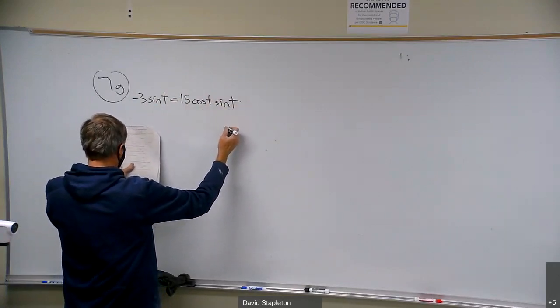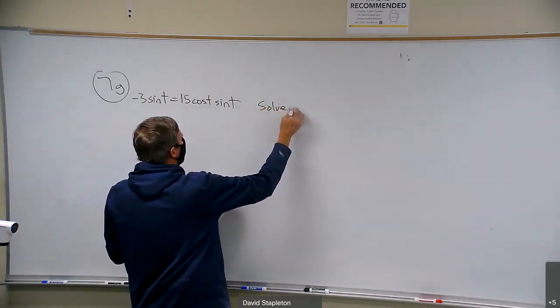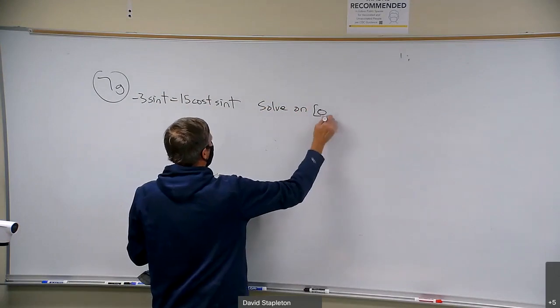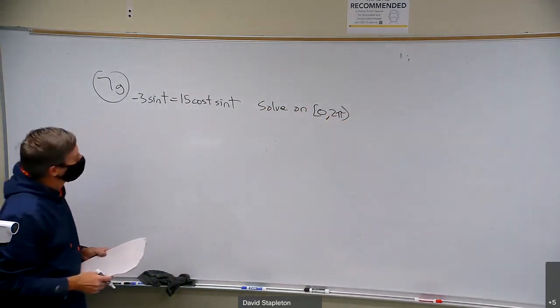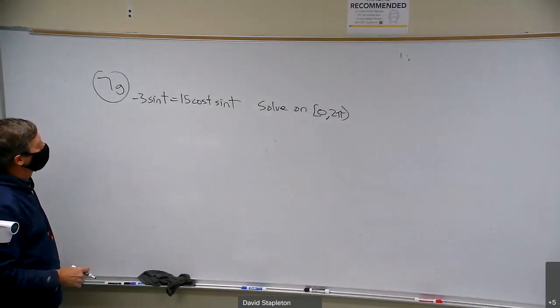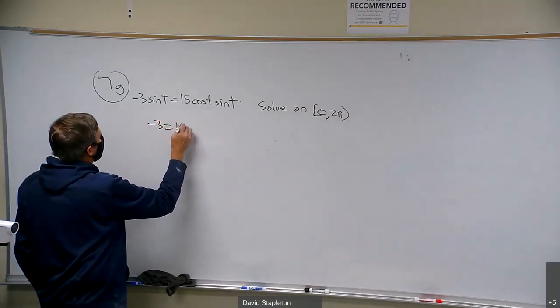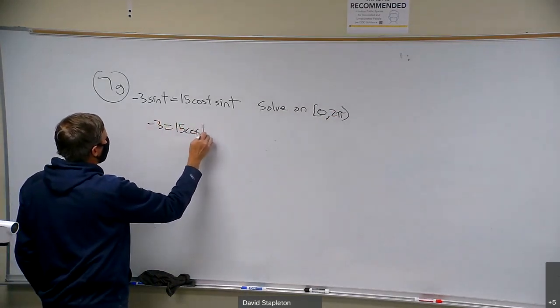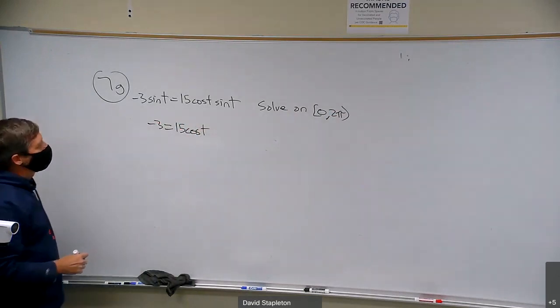Let's solve this exactly over the interval 0 to 2 pi again. How am I going to do that? I see a sine, I'll just divide through it and write it as minus 3 equals 15 cosine t. Now I've got it, right? I made a mistake already. What's wrong?